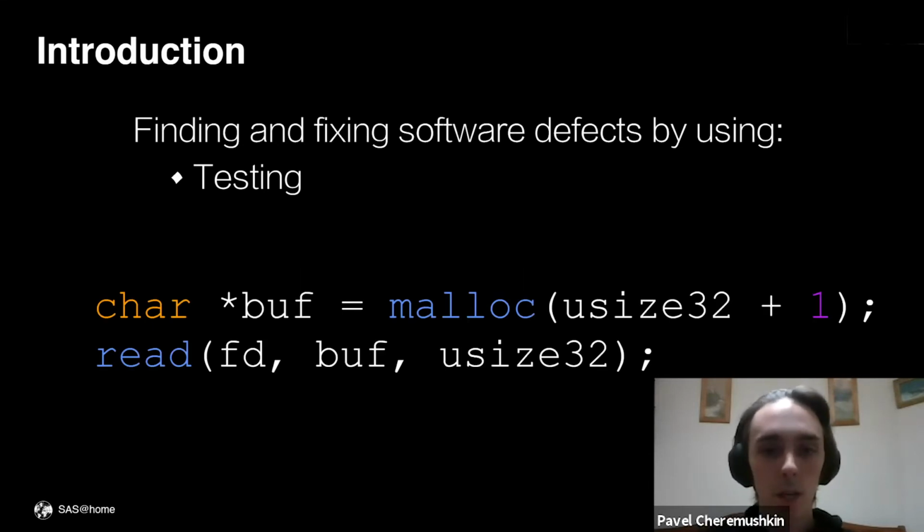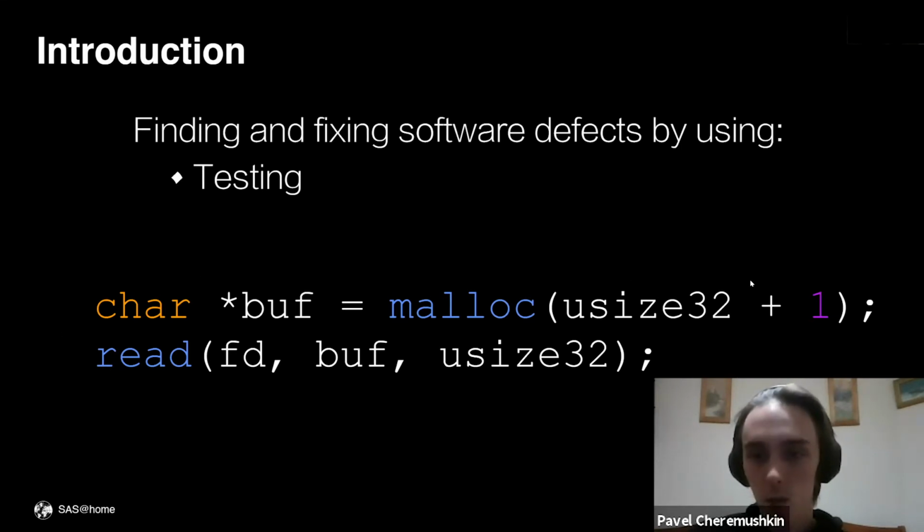But sometimes you may come up with a problem like this. So let's assume you have a buffer allocation process over here. And as you may see, assuming that this is a networking application, you may have a few kinds of errors in just 2 lines of code.